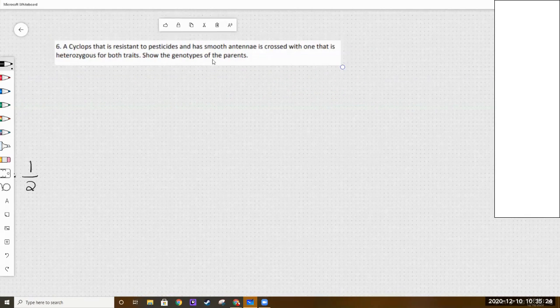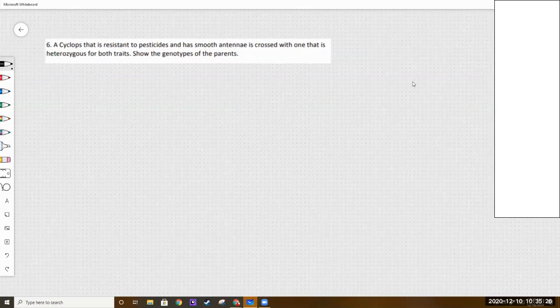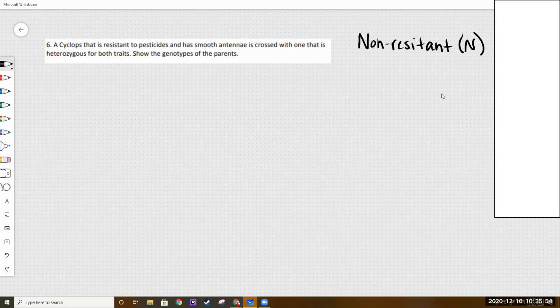So now, here we have a cyclops. I'm not talking about a cyclops like the Greek mythology, you know, with the one eye. A cyclops is also a type of shellfish, okay? So it says a cyclops that is resistant to pesticides and has smooth antenna is crossed with one that is heterozygous for both traits. So non-resistance to pesticides is capital N, dominant over resistant.